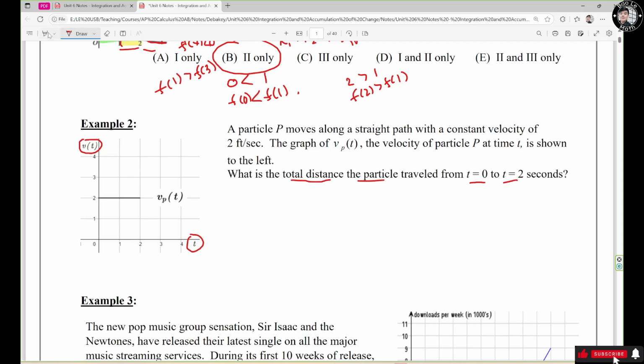It is the area of the square right here, so you take 2 times 2 and get the area. That is the total distance the particle travels from t equals 0 to t equals 2. So it is 4 feet.